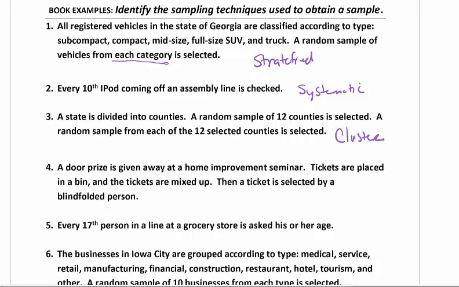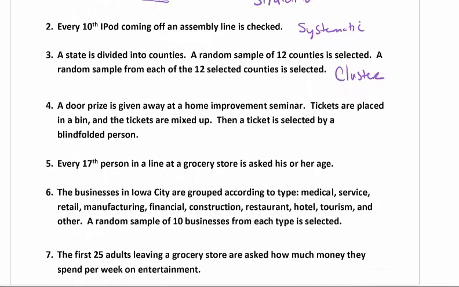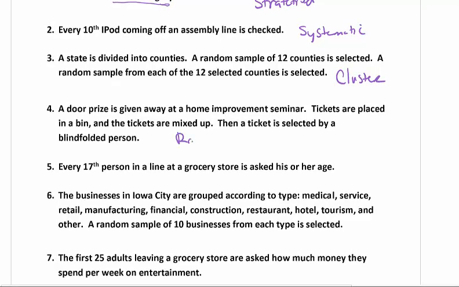Don't fall in the trap. I have said cluster is geographic, but that doesn't mean it's necessarily always. That's just usually something that's used there. Going to number 4, door prizes given away at a home improvement seminar. Tickets are placed in a bin, and the tickets are mixed up. Then a ticket is selected by a blindfolded person. This is my random sampling.